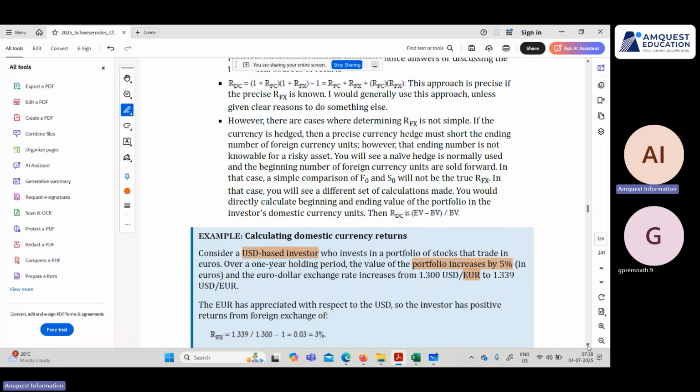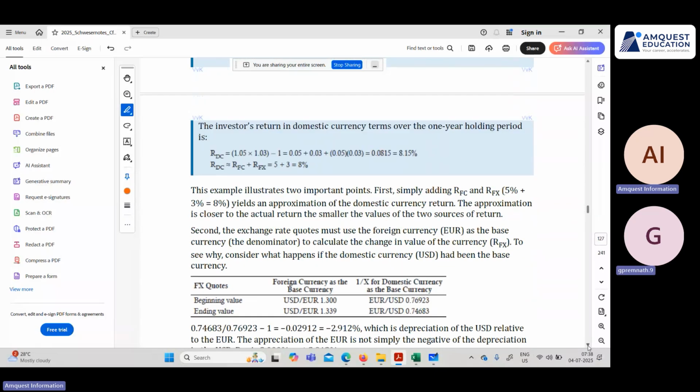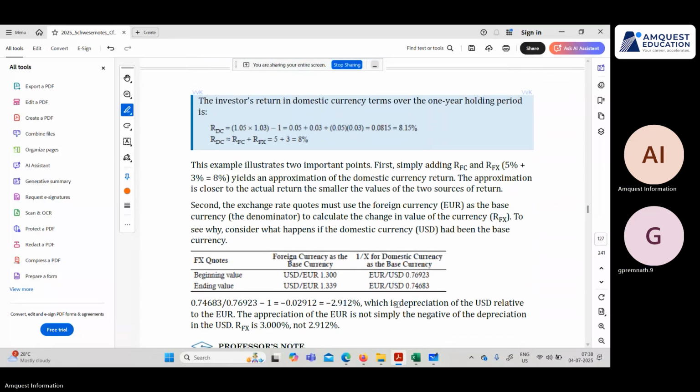And there's another topic, but I would just let you review this because we have covered this already in the last class. Look at this. They say the beginning value USD by euro and ending value USD by euro. So this is the same exercise that we did towards the end of the session, where I said that in terms of euro, you can always say that euro in this case has appreciated, right?